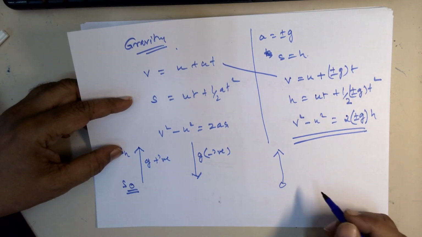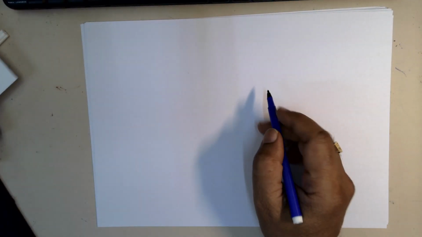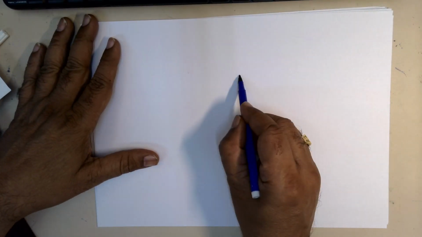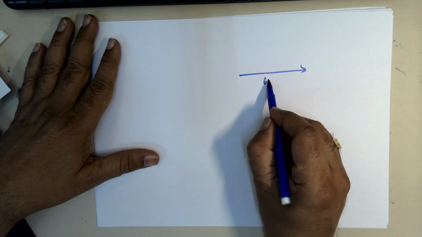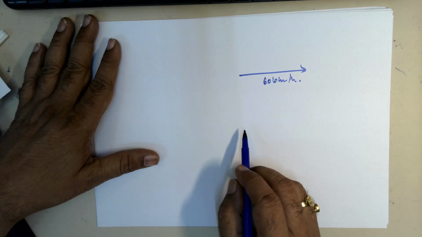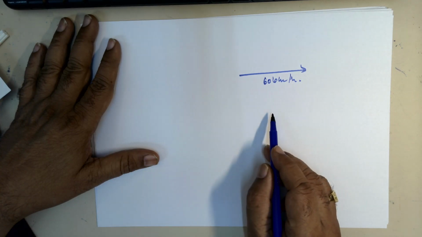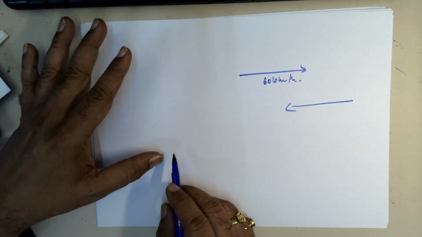Even now I can explain. You are moving in a train at about 60 kilometers per hour, and another train is coming in the opposite direction at 40 kilometers per hour. Do you understand this?